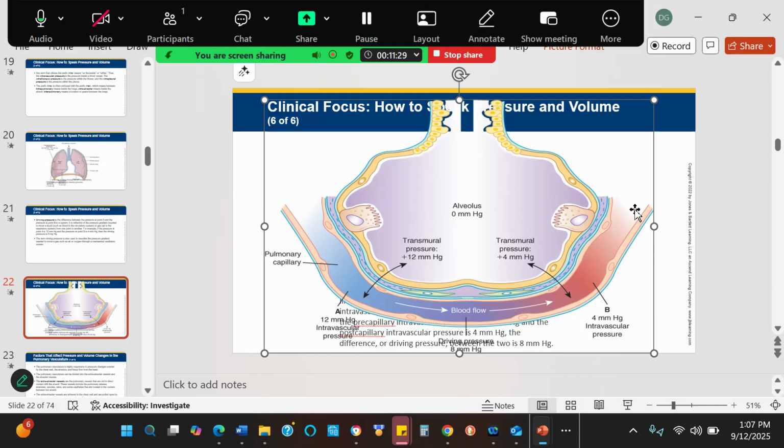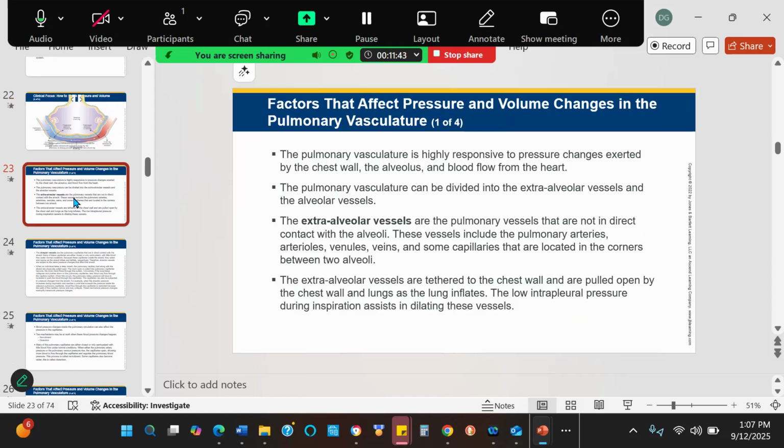Also, removing carbon dioxide across that membrane so it can be exhaled into the outside air. So these are very low pressures, very small gradients that are required to make this happen.